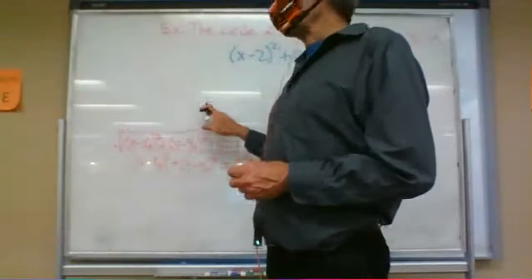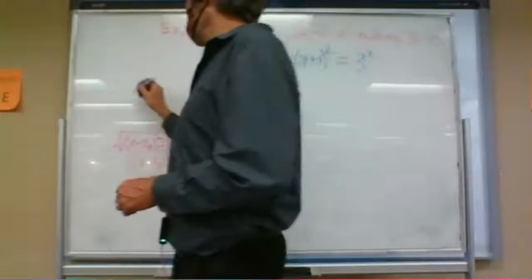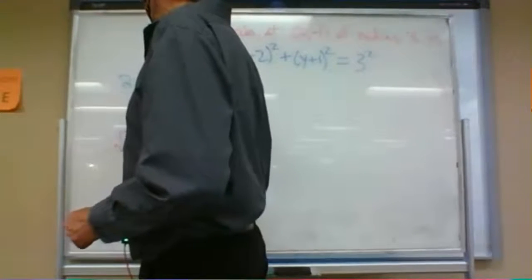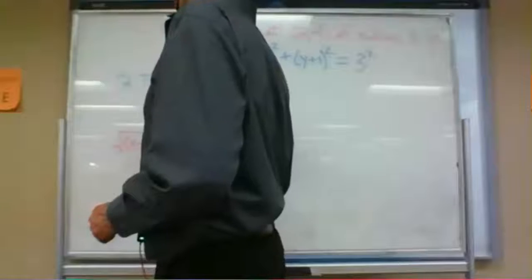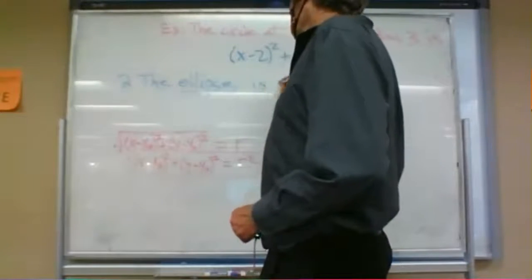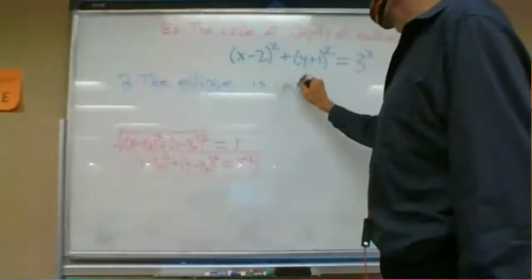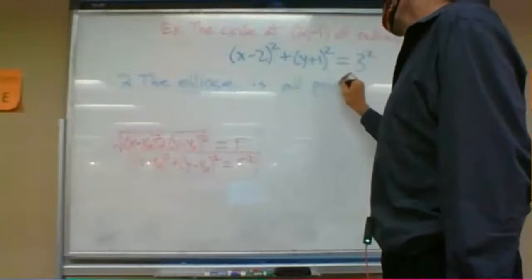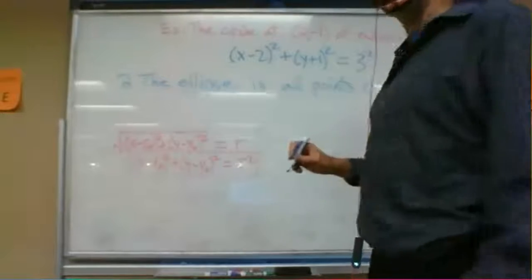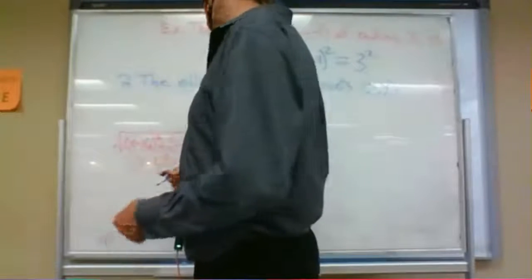One of the big reasons I introduced the circle, even though you've seen it all before, is now we can do the ellipse. So number 2 is the ellipse. It has just a little twist on that. It is the set of all points x, y such that the sum of the distances from two fixed points, called foci, the center of the circle can also be called the focus.